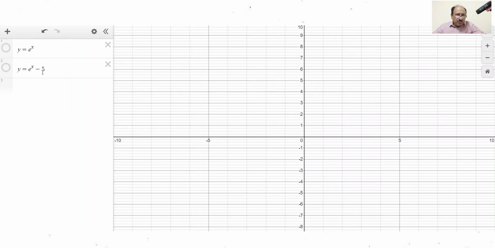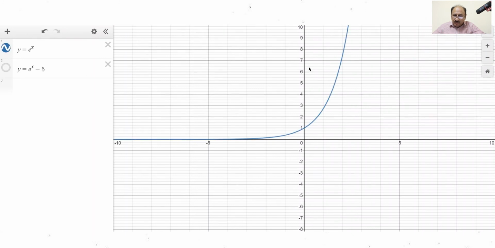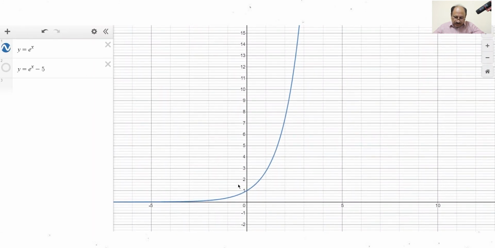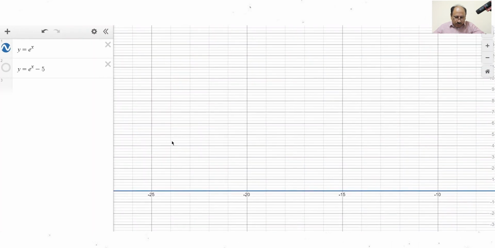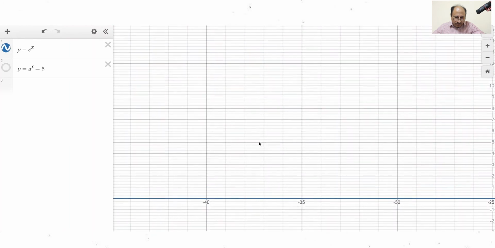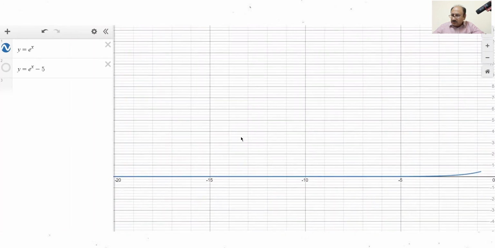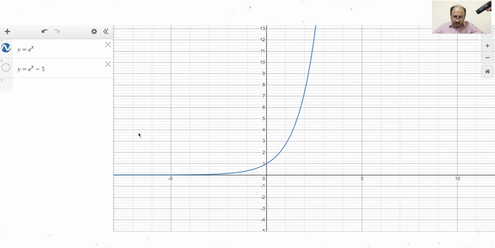But I want to draw the standard graph for y is equal to e raised to x, so that you will have a clearer concept. So if we plot y is equal to e raised to x, this will be our graph. You can see this is the shape, and this is the line of asymptote. Wherever you go to this side, you will not be crossing this line, which is the x-axis, y equals 0.